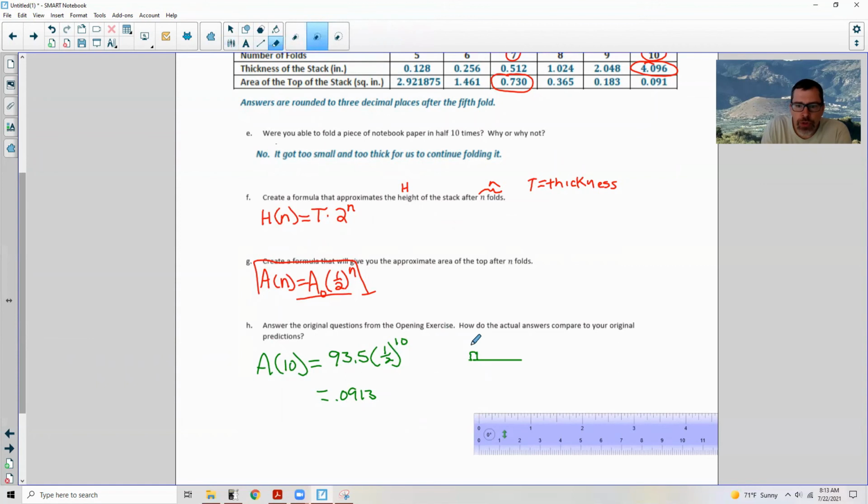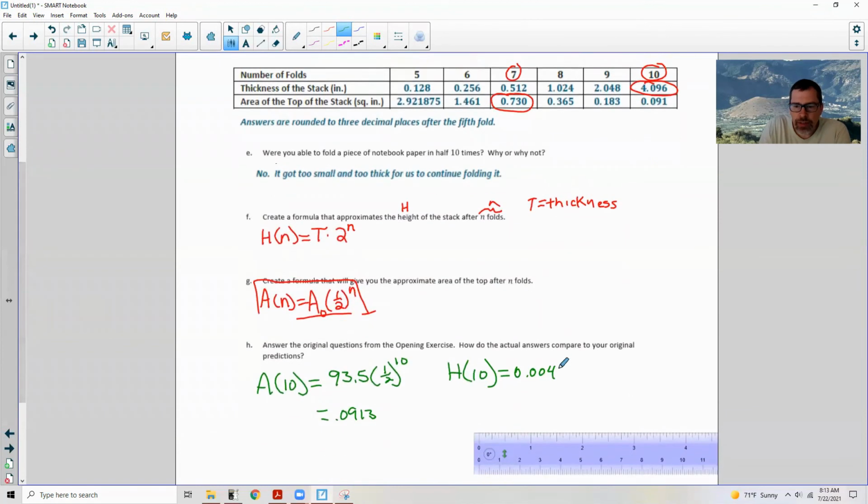All right. So then we also could have said, well, let's see, h, the height. Actually, the thickness doesn't, well, we could still do it. H of 10 equals thickness, which was 0.004, I believe. Yes. Times 2 to the 10th.